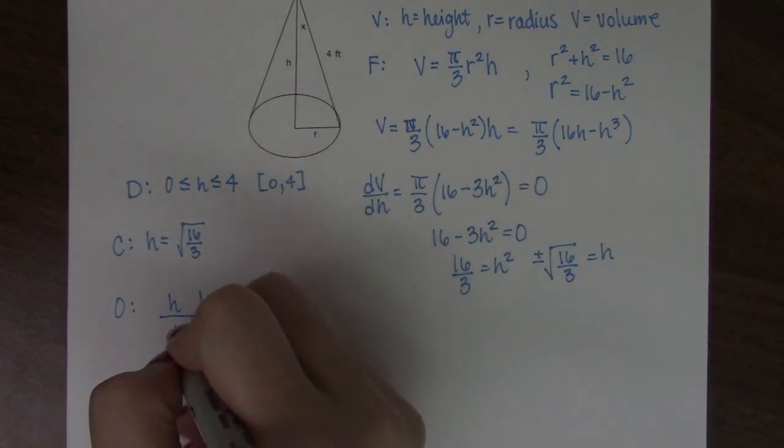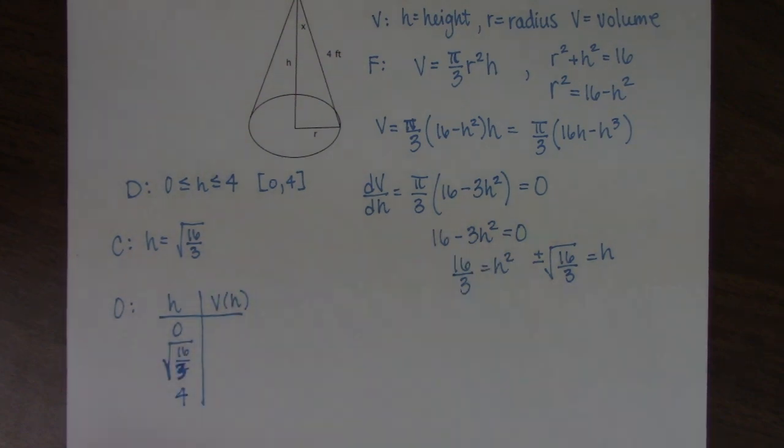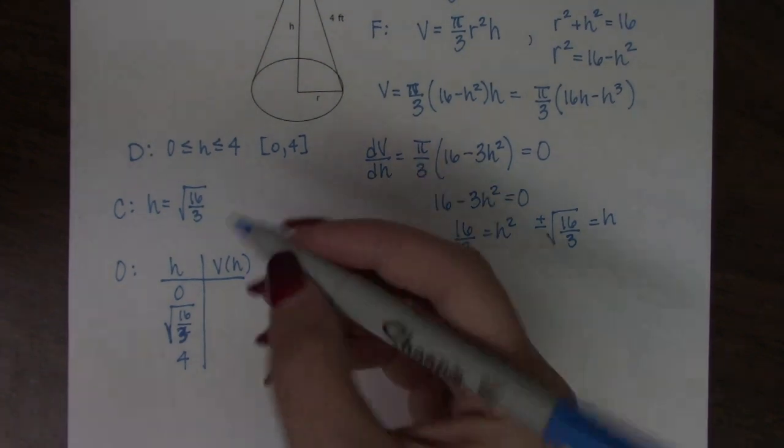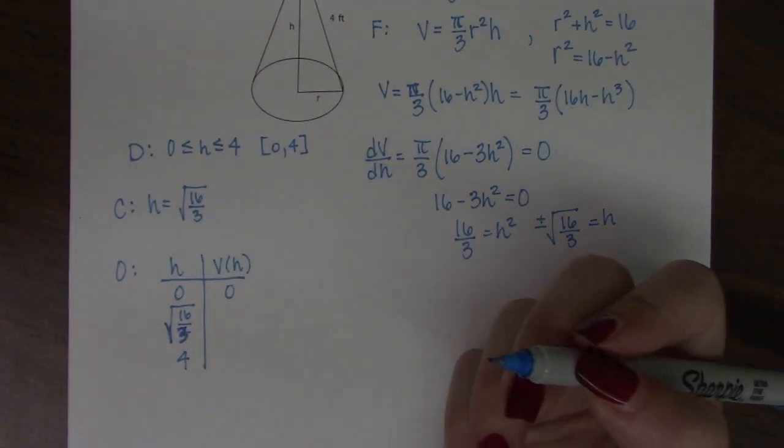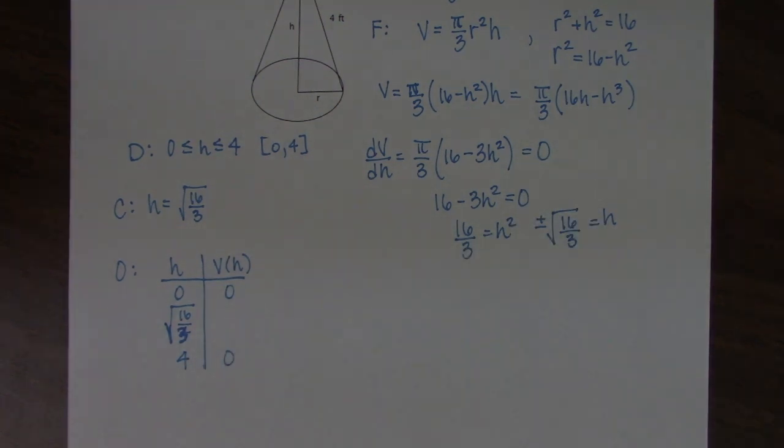So my endpoints are 0, my only critical value is square root of 16 over 3, and then 4 is our bigger value. So we already know when we found the domain that if the height's 0, you get no volume, and if the height is 4, we get no volume.